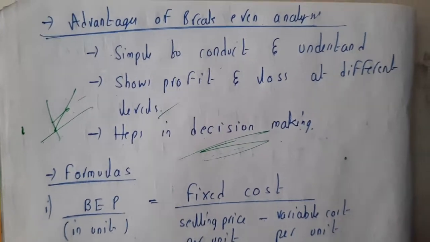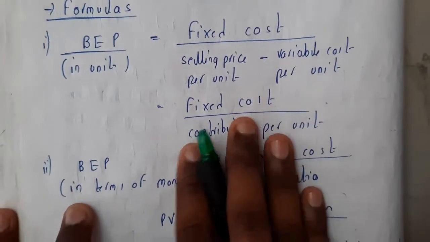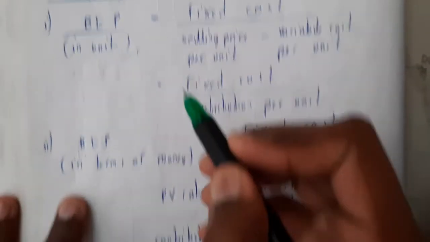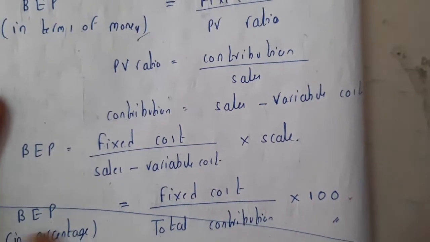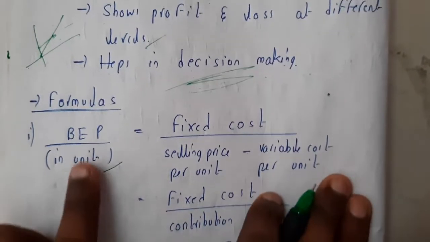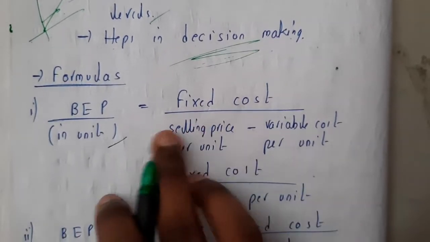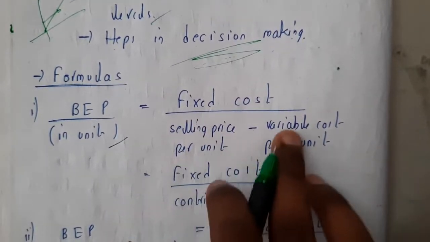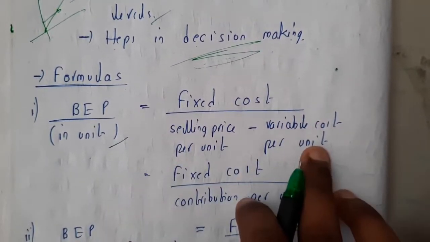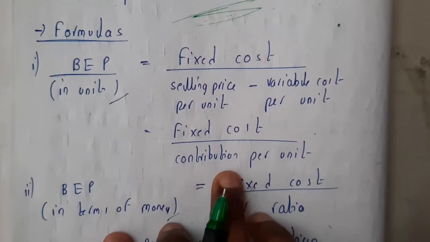Now let us go through the formulas we use to solve break-even point. Basically we have three formulas: break-even point in units, in terms of money, and in percentage. I think I wrote it wrong, so I've cancelled it. Break-even point in units is fixed cost divided by selling price per unit minus variable cost per unit.